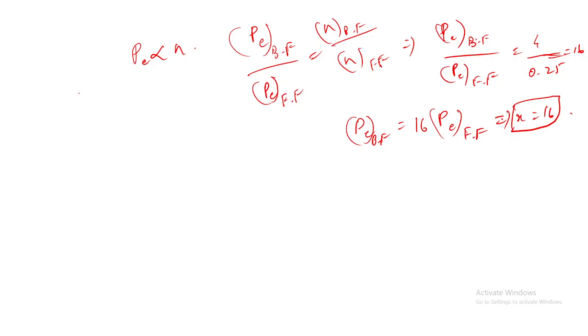Then there is a term called slenderness ratio. It is used to compare the buckling loads of different columns made of the same material and same area.